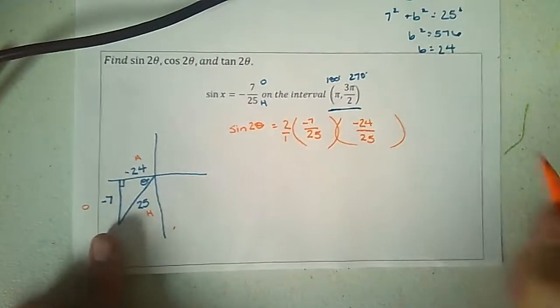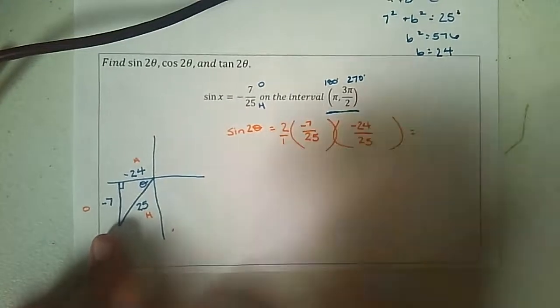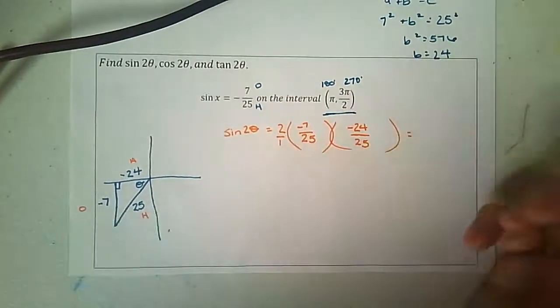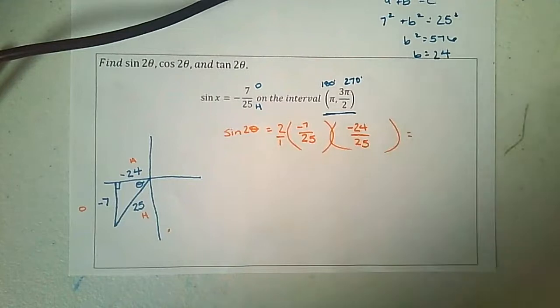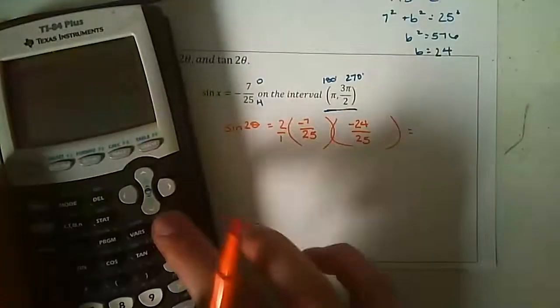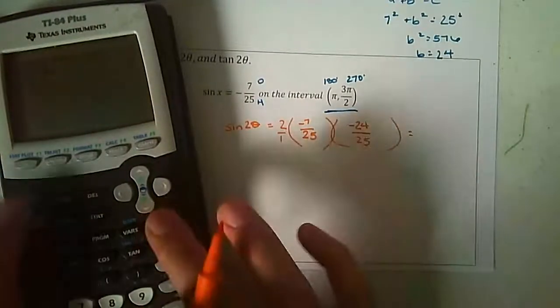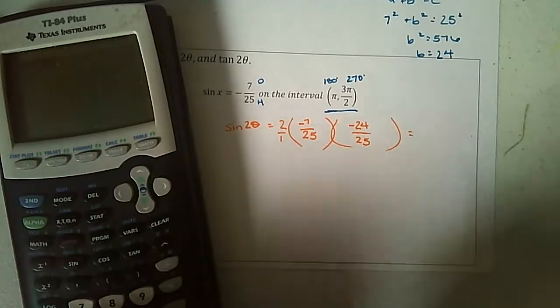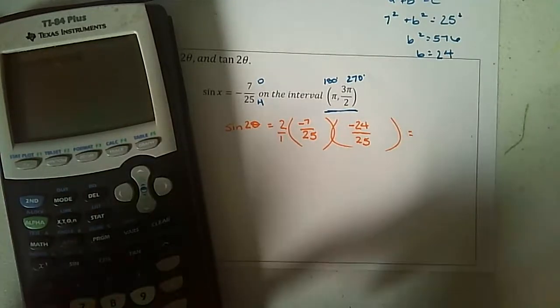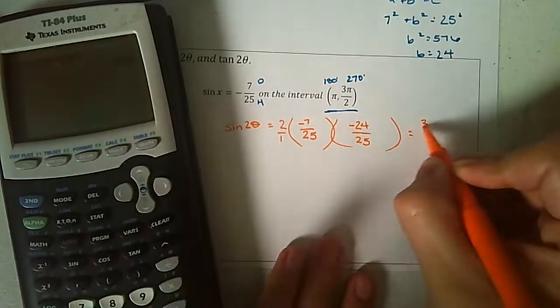Now I don't want the answer in decimals or anything. I want it in fractions. So we're going to multiply across the top. 2 times negative 7 times negative 24 gives us 336 on top.